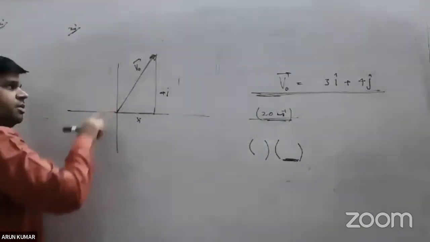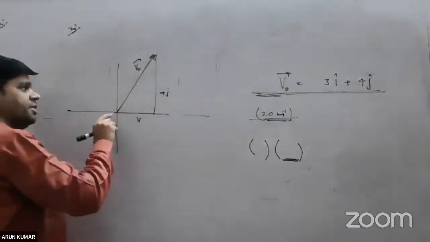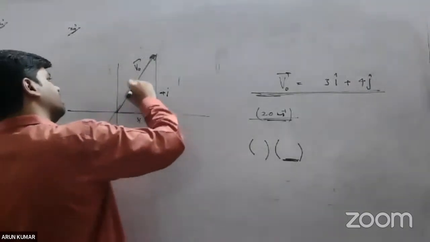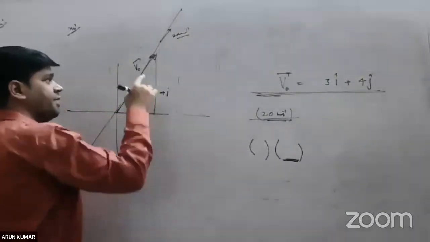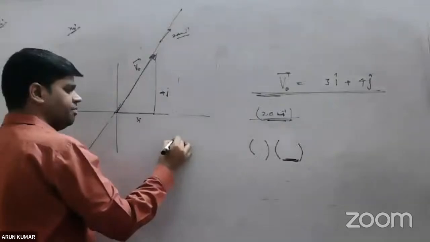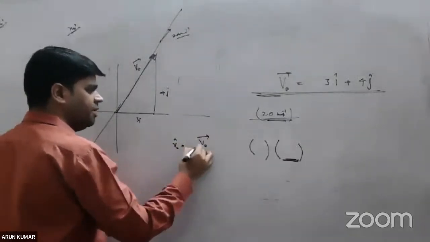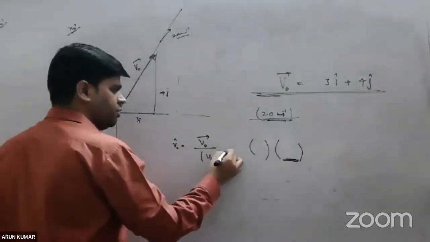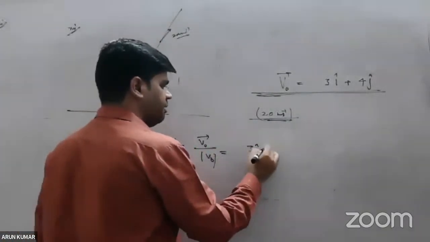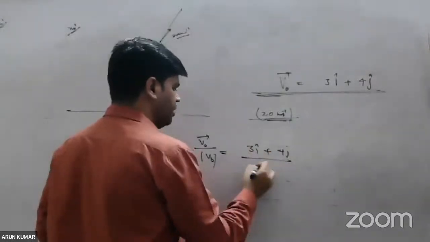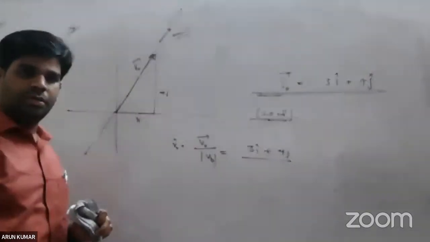Around this direction, I want a unit vector first because the particle is traveling along this line with a speed of 20 meters per second. So my unit vector along that direction would be V naught cap, which is nothing but V naught bar by mod V naught, which is 3 I cap plus 4 j cap by what is mod V? 5. Good.